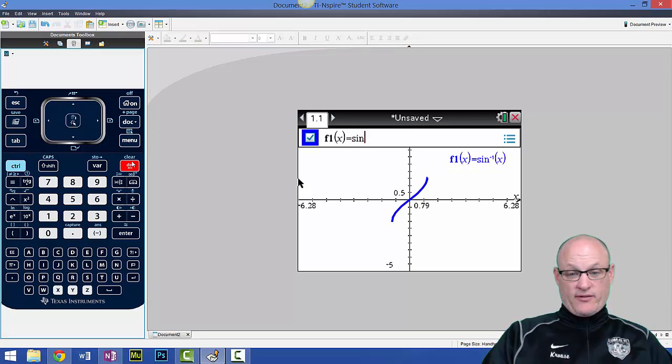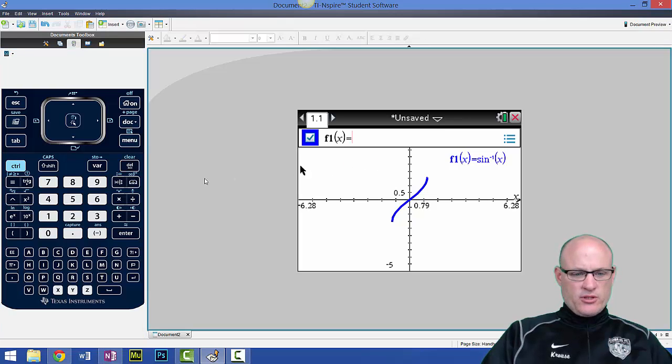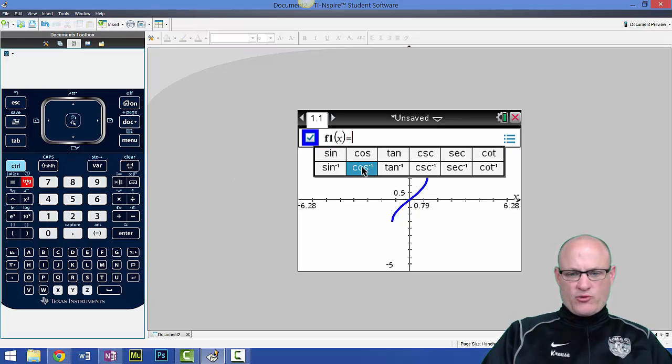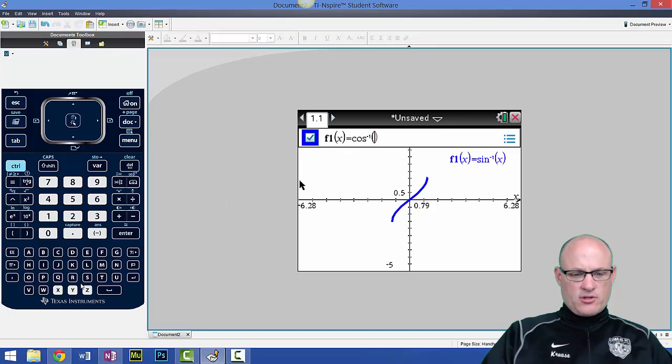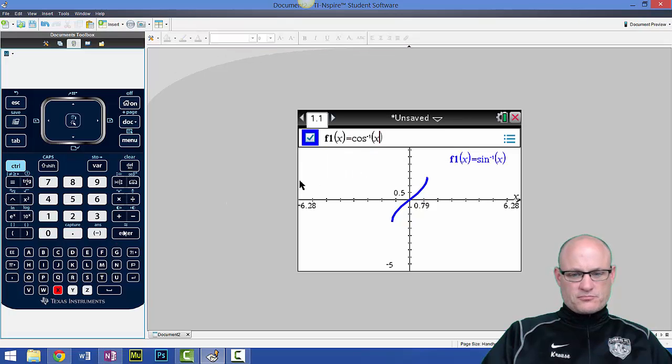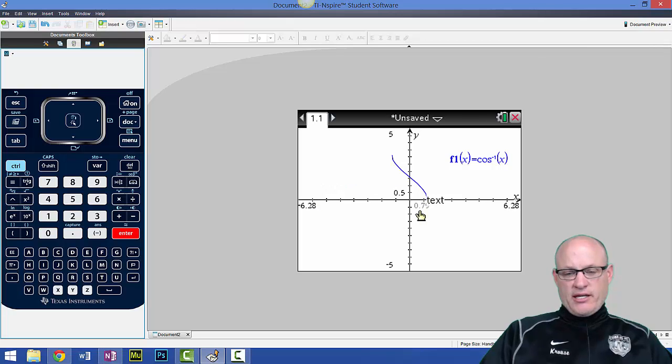Let's get the cosine inverse in there. Oops, that should be equals. Go back to equals. Trig cosine inverse. Now, cosine inverse. Notice the original point for cosine here, 1, 0. Well, when I switch them, it becomes 0, 1.